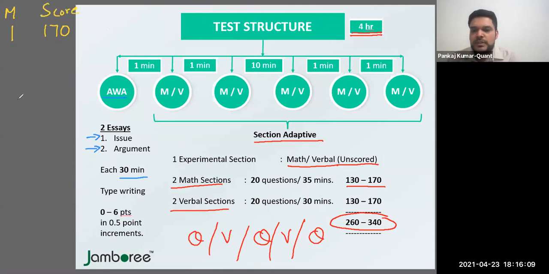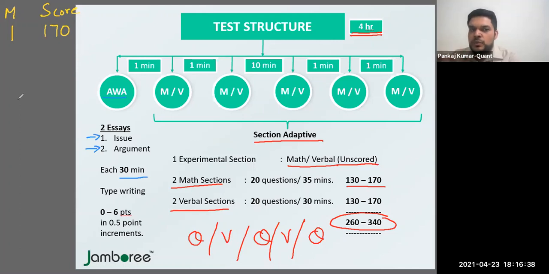I'm not going to say too much because they have never disclosed that kind of detail, so I'm just going to give you a limited idea and the best understanding of why section adaptive is important. Even after making one mistake, you can get 170. And that all is happening because of the section adaptive nature.